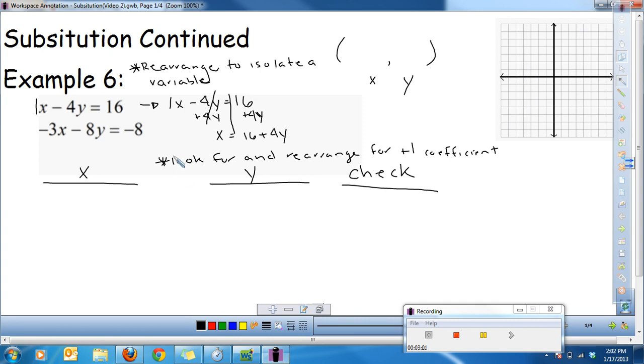I can put it here. Let's say if I used this equation and I tried to solve. So I need a little bit more room, so I'm going to do this down here. I have negative 3x minus 8y equals negative 8. Neither of these have a coefficient of 1. So let's just solve for this y. First, I'd have to bring over the 3x.